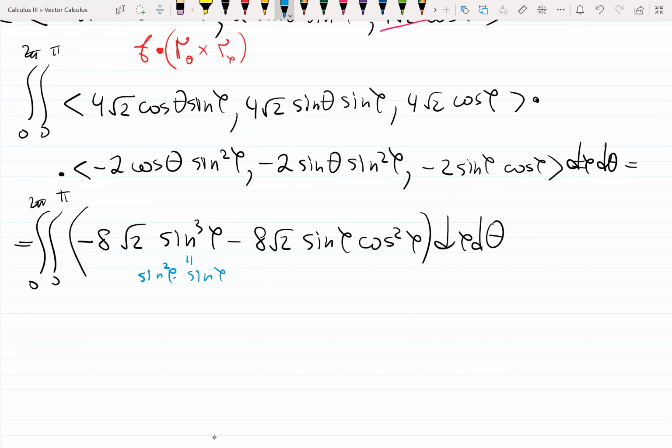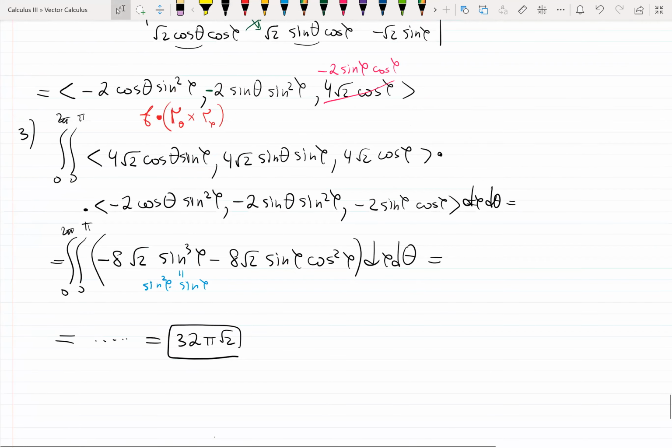You convert sine squared into 1 minus cosine squared, choose cosine to be u, sine will be du, and that kind of stuff. Doesn't matter. Let's pretend we're either very smart or we used Wolfram. So integration happening here magically. 32 pi square root of 2.